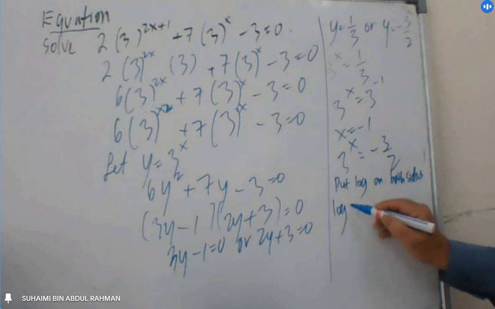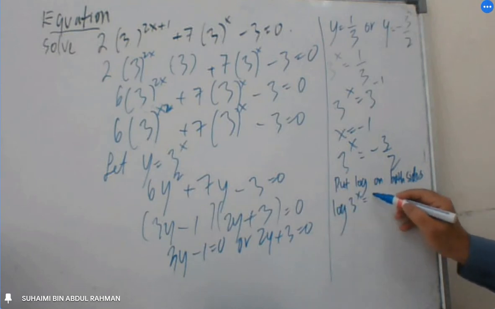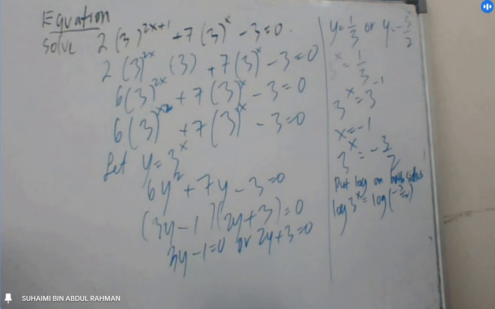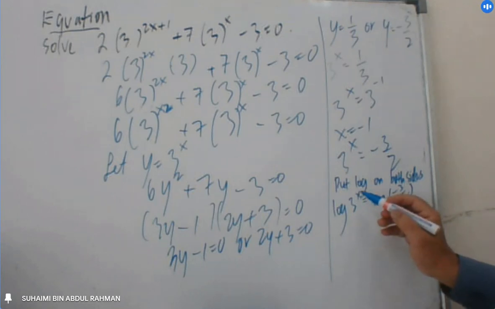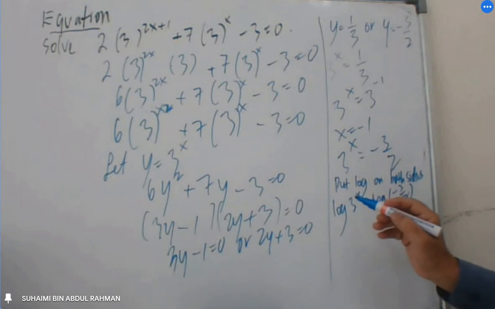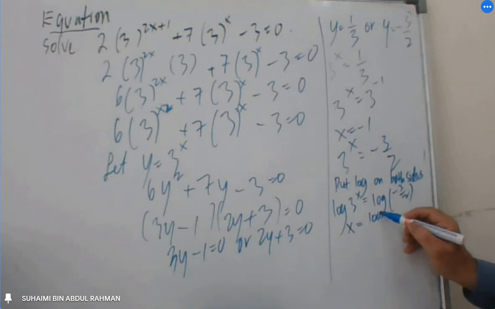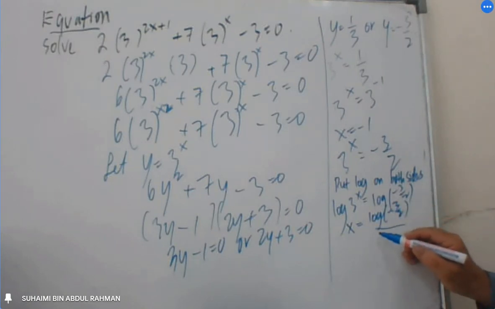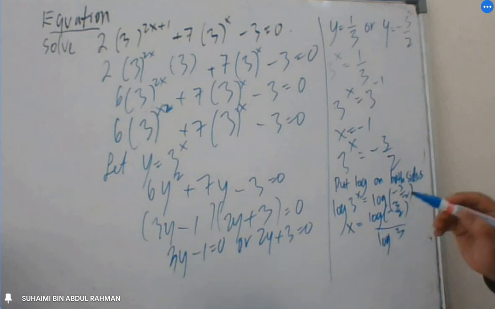So log 3 to the power of x is log minus 3/2. Using laws of logarithms, x is equal to log minus 3/2 over log 3.